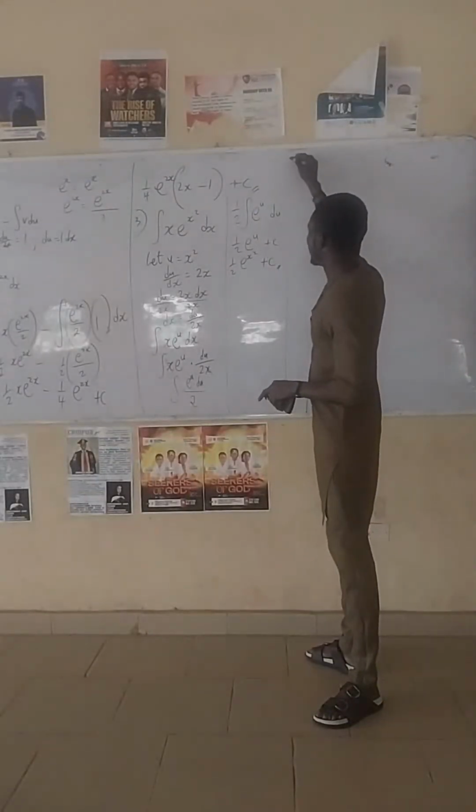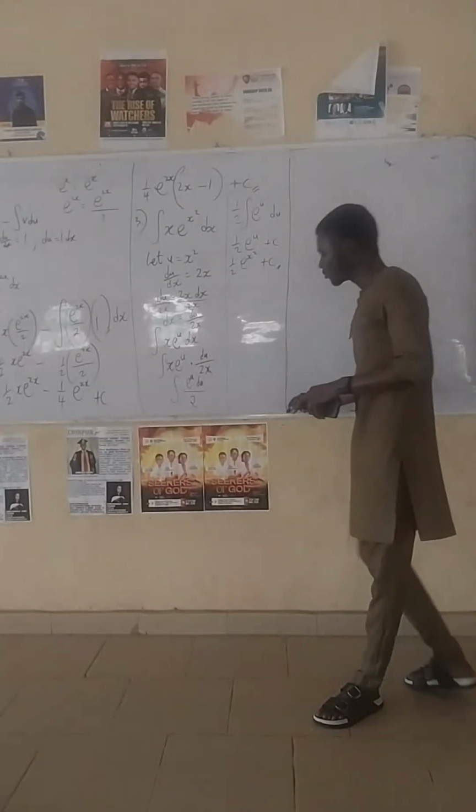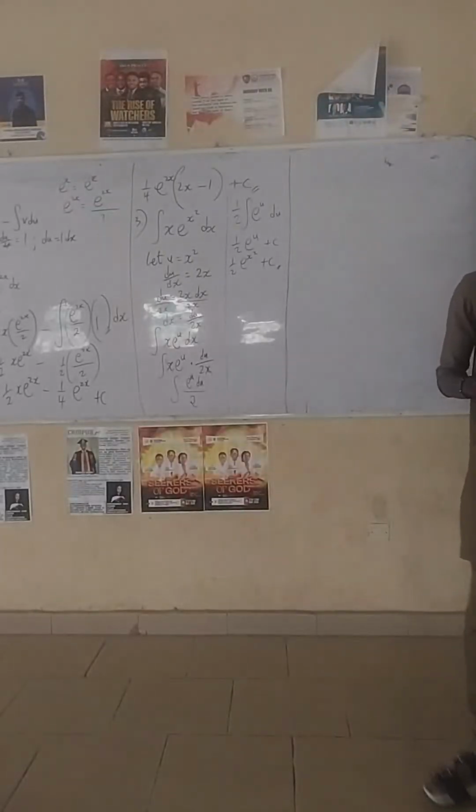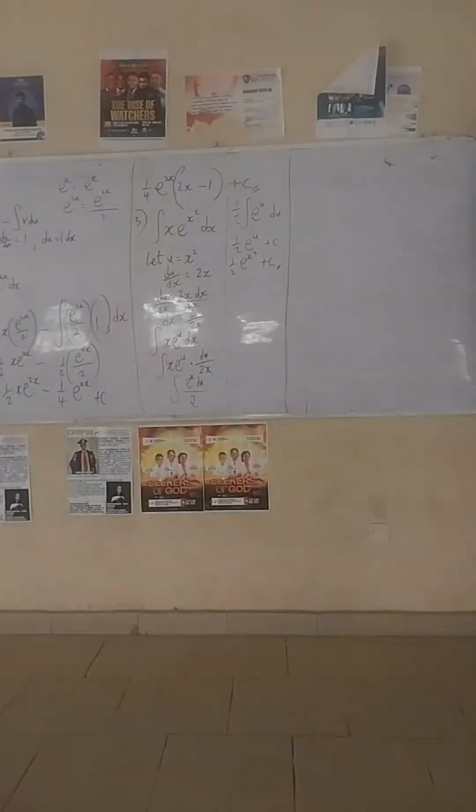Number 2 is by parts. Number 3 is by substitution. I said when you have products, you are going to check: can I use it with by parts, or can I use it with substitution? One of them has to work.